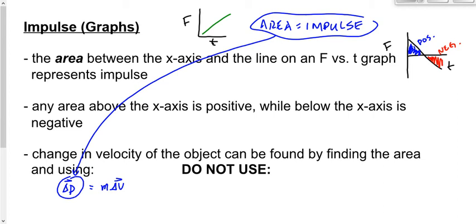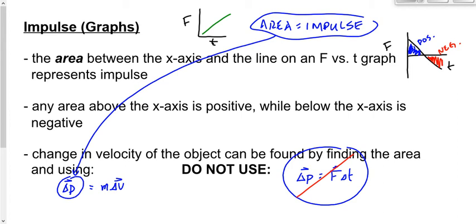Conspicuously missing from that is the other half of that equation: delta p is equal to F times delta t. I don't want you to ever try using that equation with this. It is technically valid, it is technically okay, but it will almost certainly lead you to a mistake.